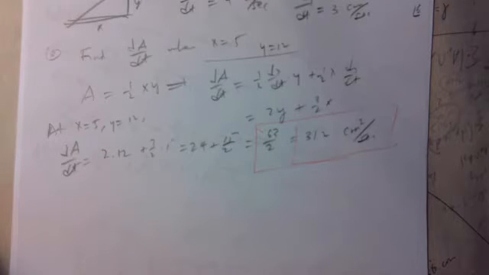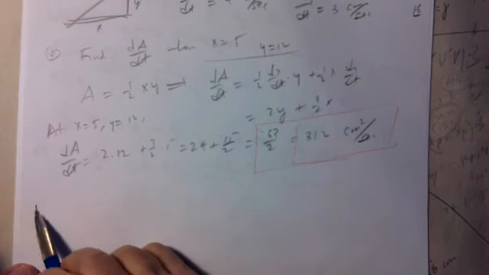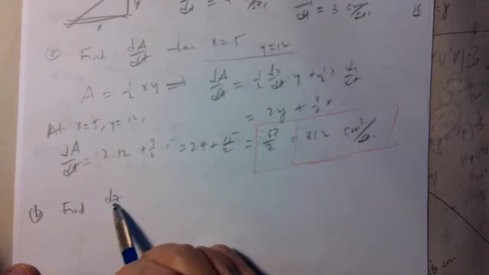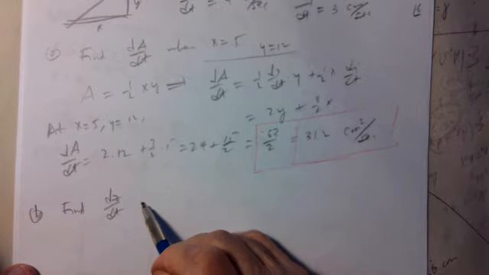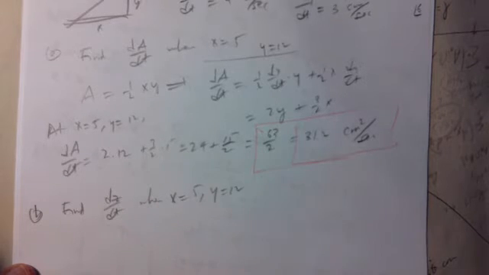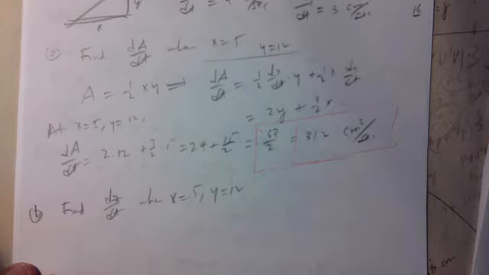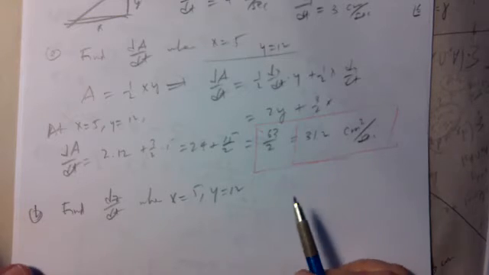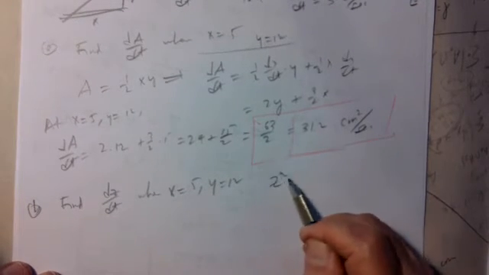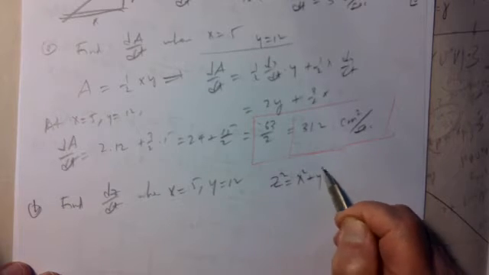Right. Part B is find how fast the hypotenuse is changing when x is 5 and y is 12. What is the hypotenuse? Well, you have the Pythagorean theorem. z squared is x squared plus y squared.